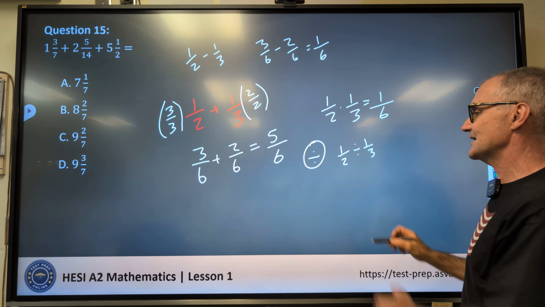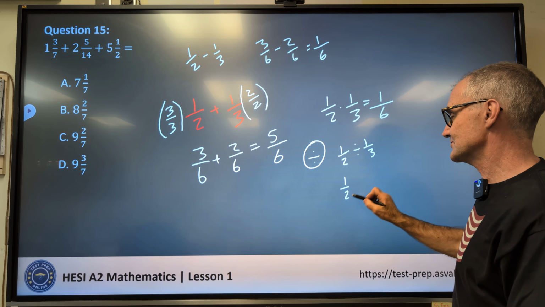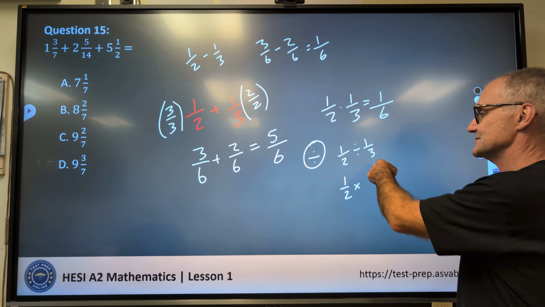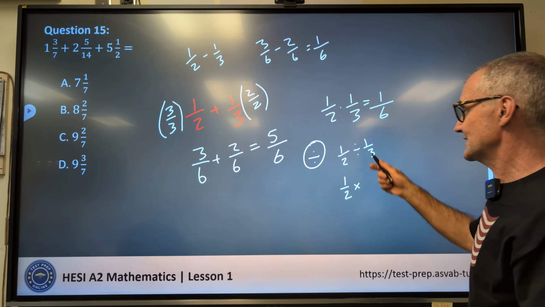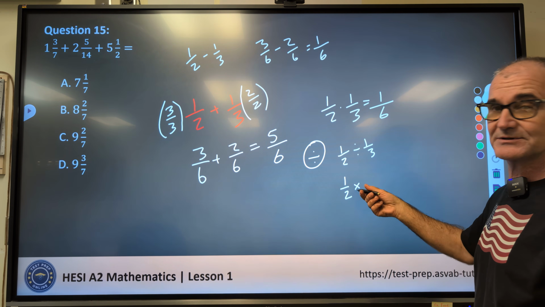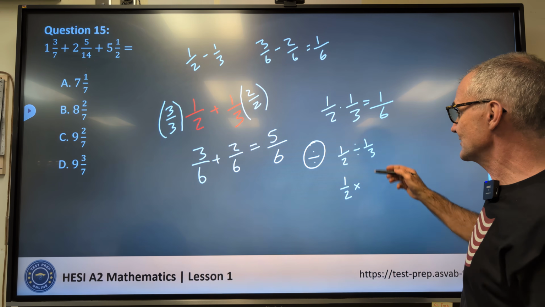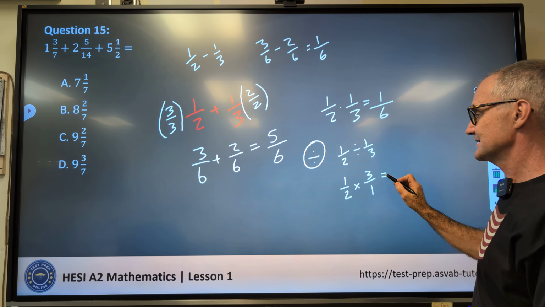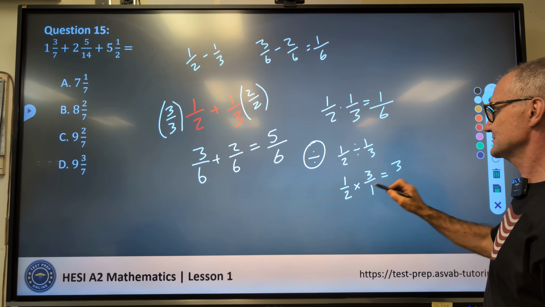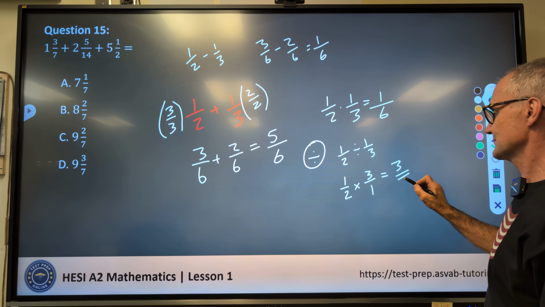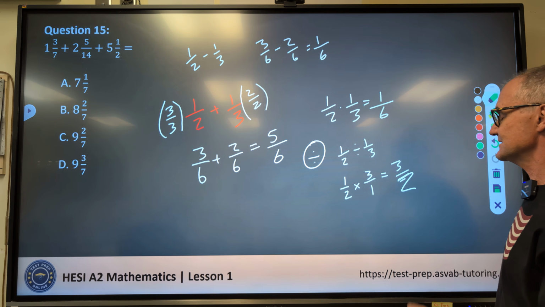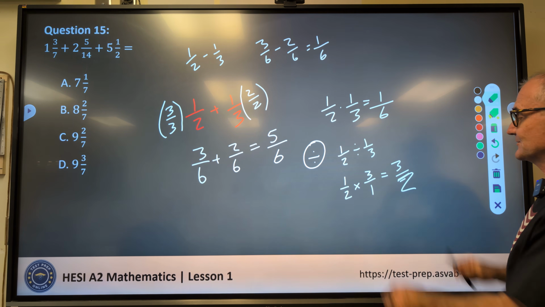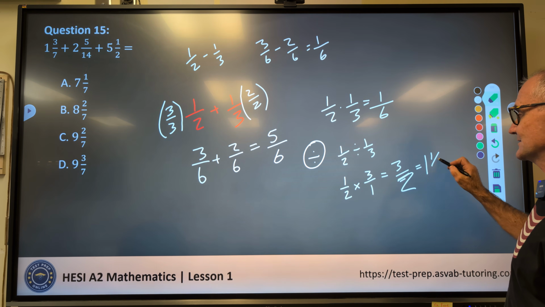The way I divide fractions is I multiply by the reciprocal. So I convert that division to a multiplication. Reciprocal means flip it over. I flip that over to get 3 over 1. Now I multiply to get 1 times 3, 2 times 1, to get 3 over 2. Or as an improper fraction, I reduce that to a mixed number of 1 and 1/2.